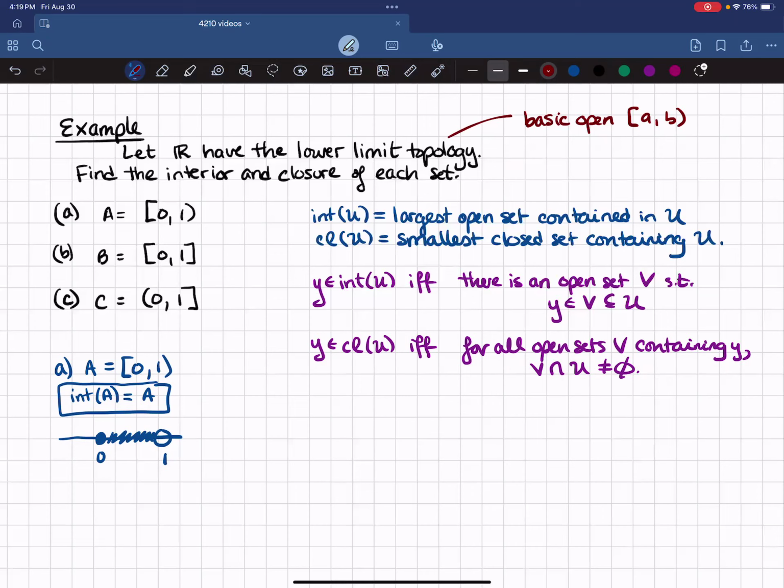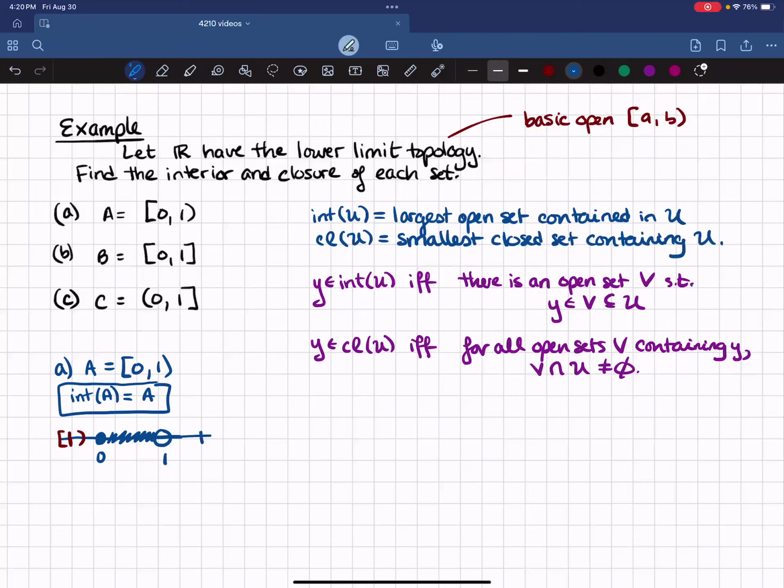So for example, what if I think about a point below 0 down here? If I think about a point below 0, does every open set that contains that point touch A? No, I could just make an open set kind of very small around it, and it wouldn't touch A, right? What about if I look off to the right?